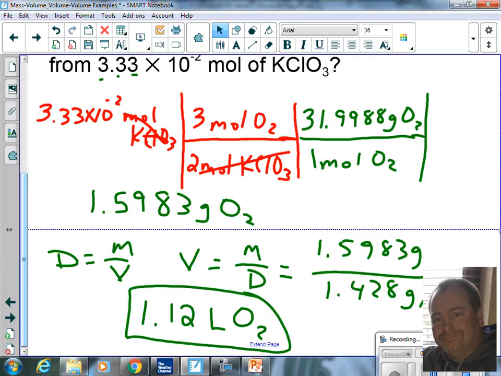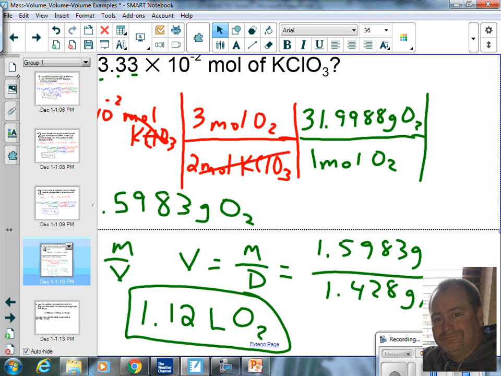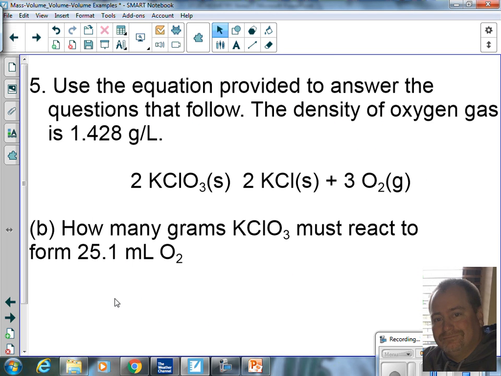Okay? Now, I reckon that some of you are ready to roll with this. So, the WebAssign that went active this morning, 7.23, is dealing with volume to volume, mass to volume, the likes of that. I've got another problem that if you want to write this down and work it in about 10 minutes, I'm going to set the timer and work it in the back of the room.